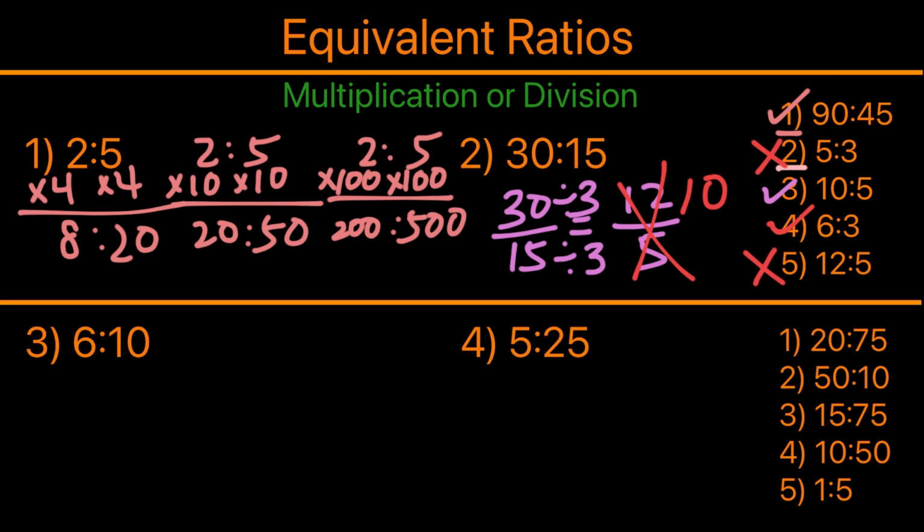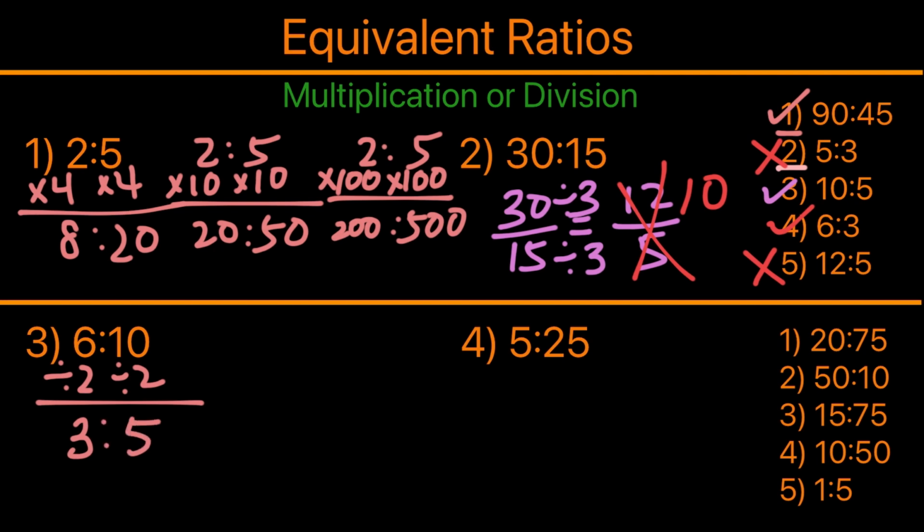Next, we have the example 6 to 10. In this example, we can see that both numbers are divisible by 2. So if we divide both by 2, we will have 3 to 5.